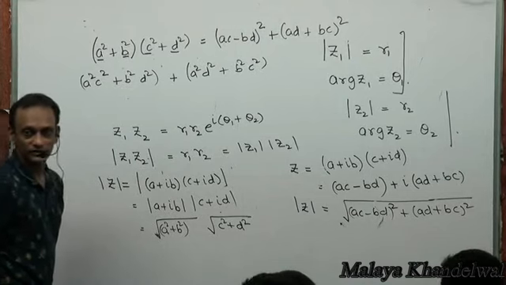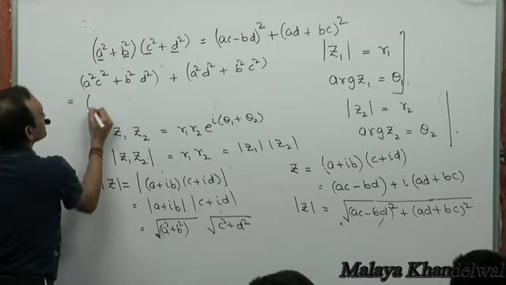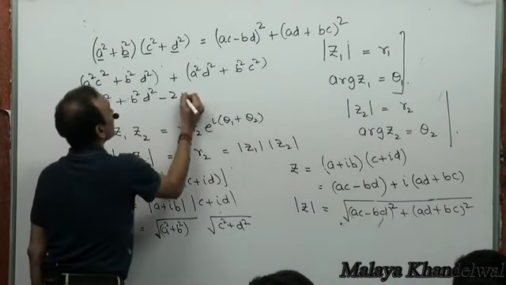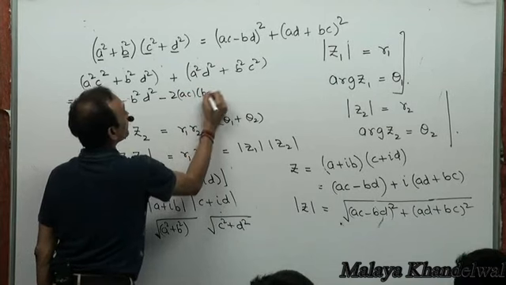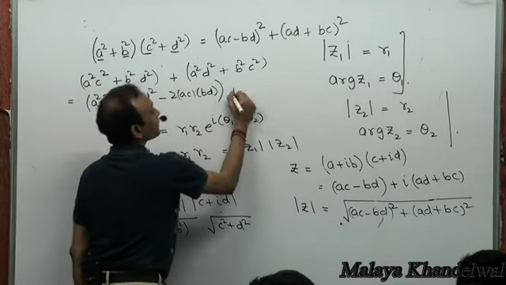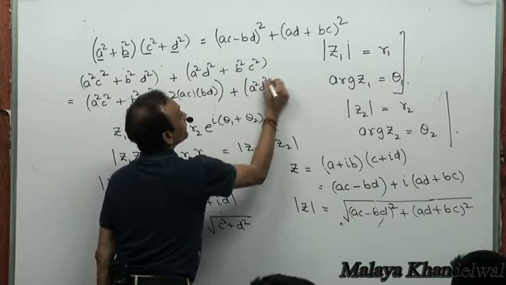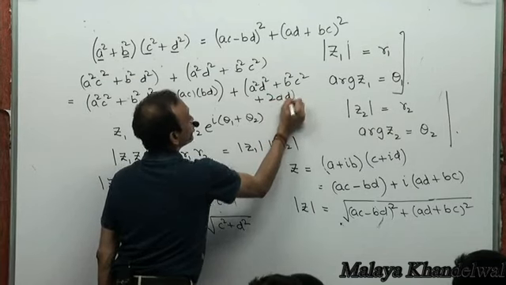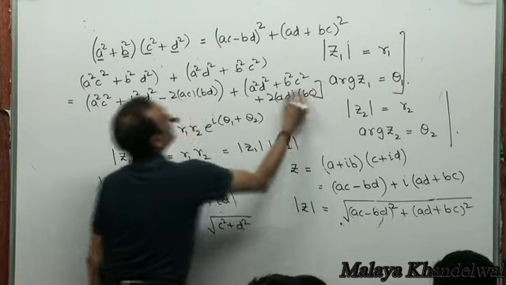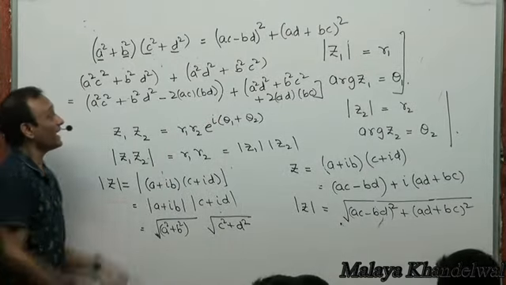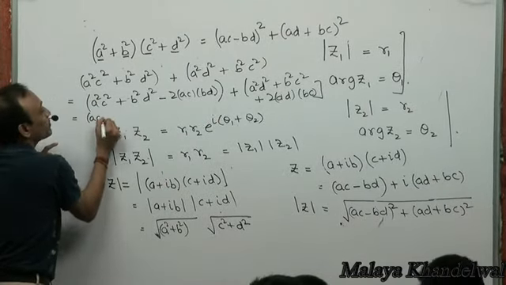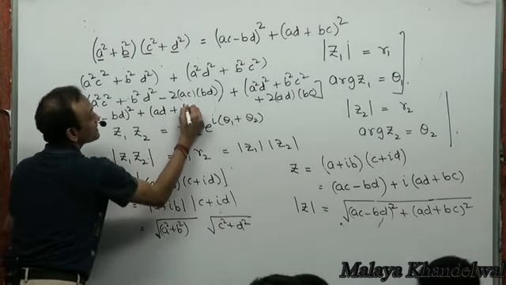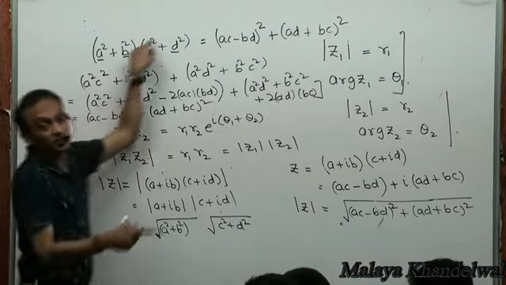Then I write this as a squared c squared plus b squared d squared minus twice ac into bd, and this is a squared d squared plus b squared c squared plus twice ad into bc. See, they are the same, right? AD into BC is the same as AC into BD. And this is (ac minus bd) whole squared plus (ad plus bc) whole squared, which is an identity.